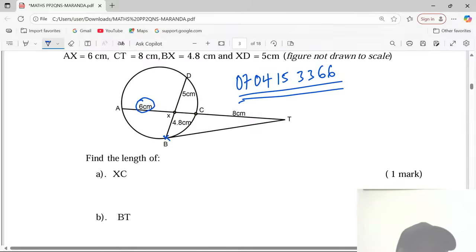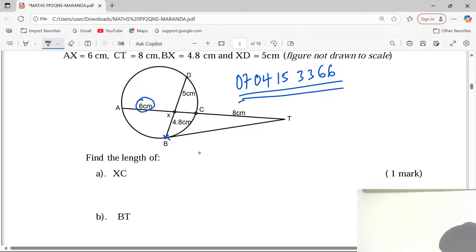Okay, we have intersection of chords and tangents. When chords are intersecting internally, for example, AC is a chord, BD is a chord, and they are meeting internally at X, that is how they relate as long as they are meeting in a circle. So for internal intersection, AX multiplied by XC should be equal to BX multiplied by XD.